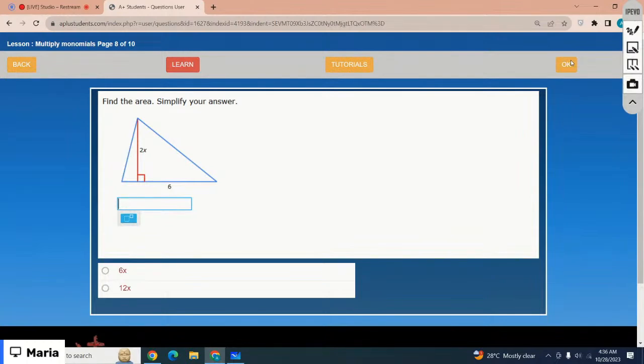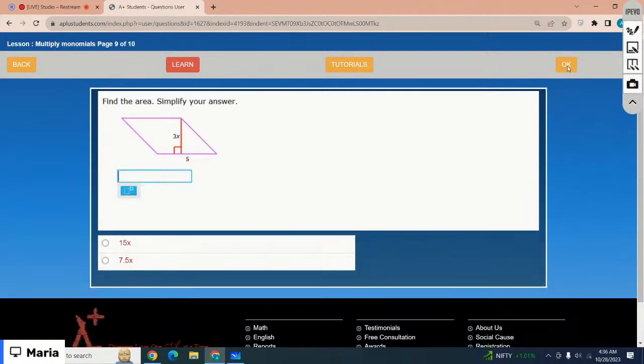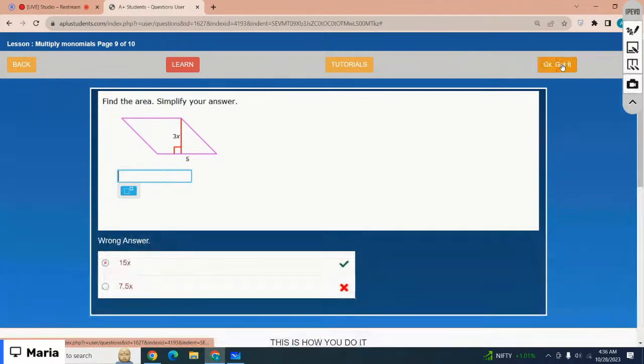Find the area, which is the correct option. The correct option is 6x. Okay, find the area, simplify your answer. So, which is the correct option? Yes, it is 7.5x, right? 15x.